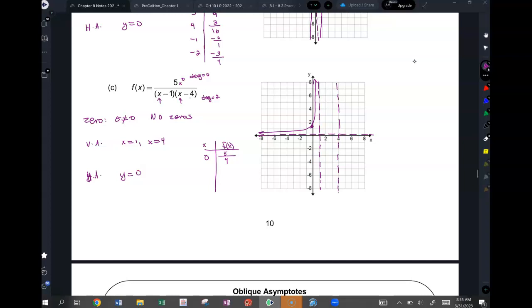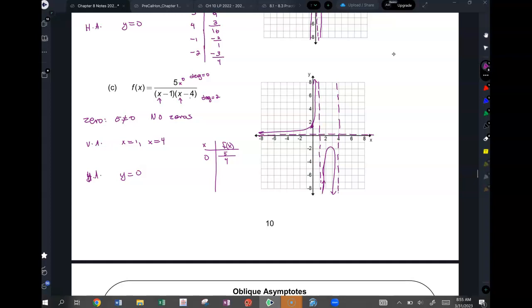So it's going to re-enter here. Now, when it comes up here, can it cross the x-axis? No. That means it has to go up and somewhere come back down.